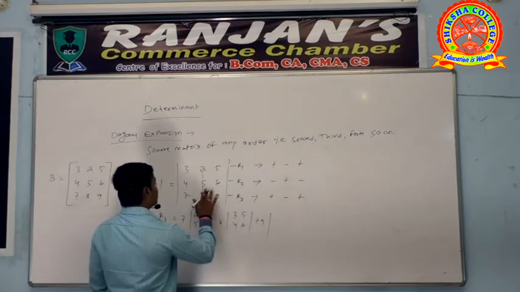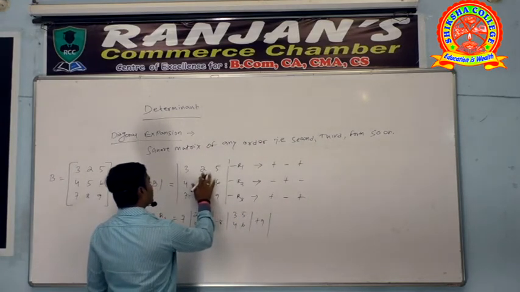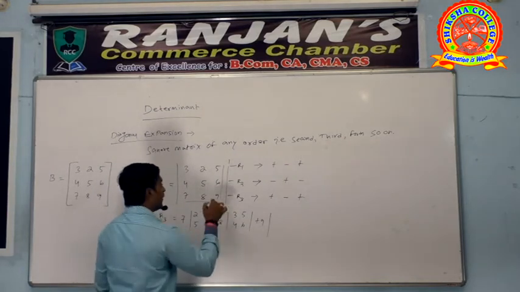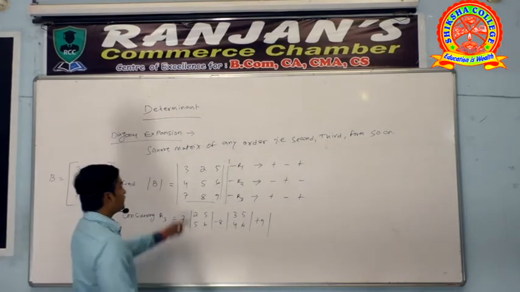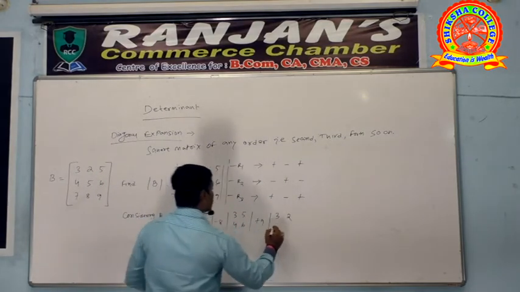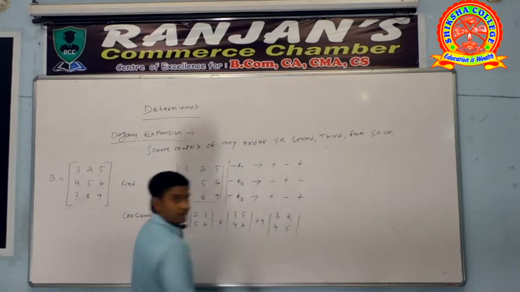Now plus 9. If you take plus 9, now delete this row and this column. What left? 3, 2, 4, 5. Okay.